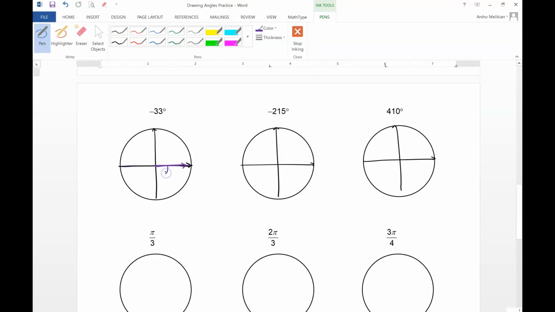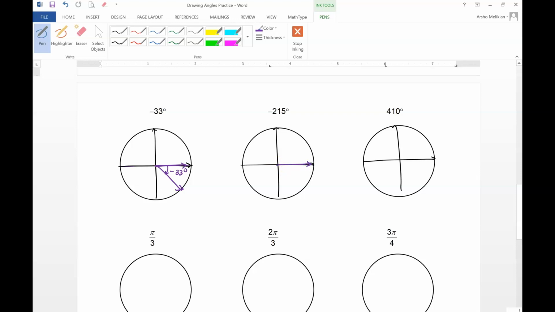Negative 33, we're going to go this way a little bit, down, clockwise, here, and then you say negative 33 degrees. I need at least to see these 3 arrows. If you don't put the negative 33 in here, that's not a deal breaker, but those 3 arrows must be visible.